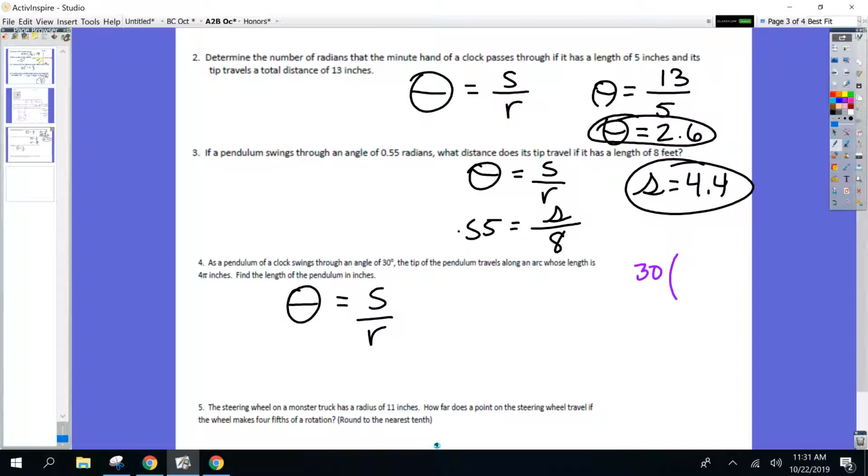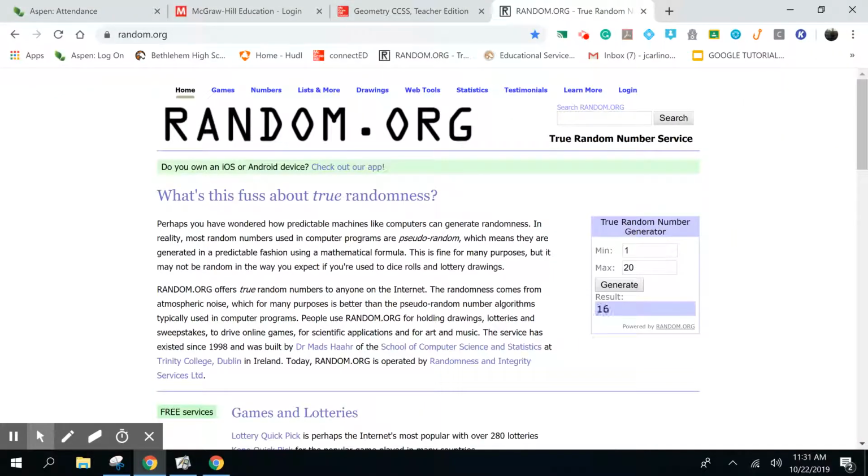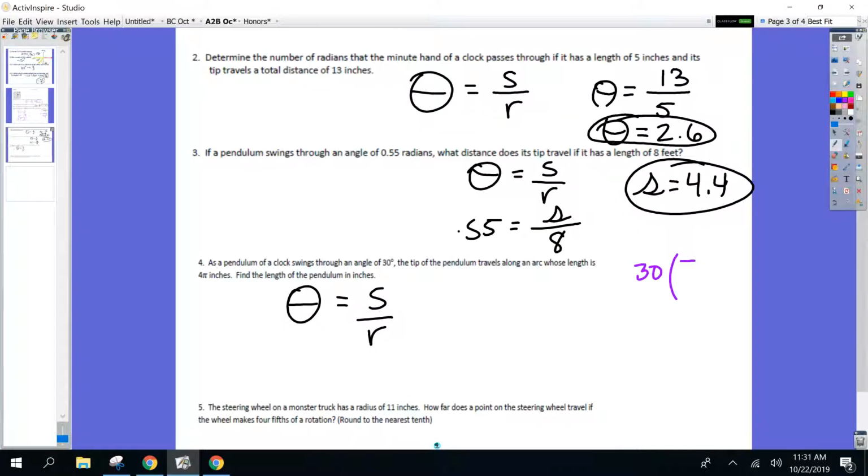How are you going to convert it? Multiply by pi over 180. Leave the pi in your answer. Reduce 30 over 180. What do you got for me? 1 pi over 6. So in place of theta will be pi over 6.